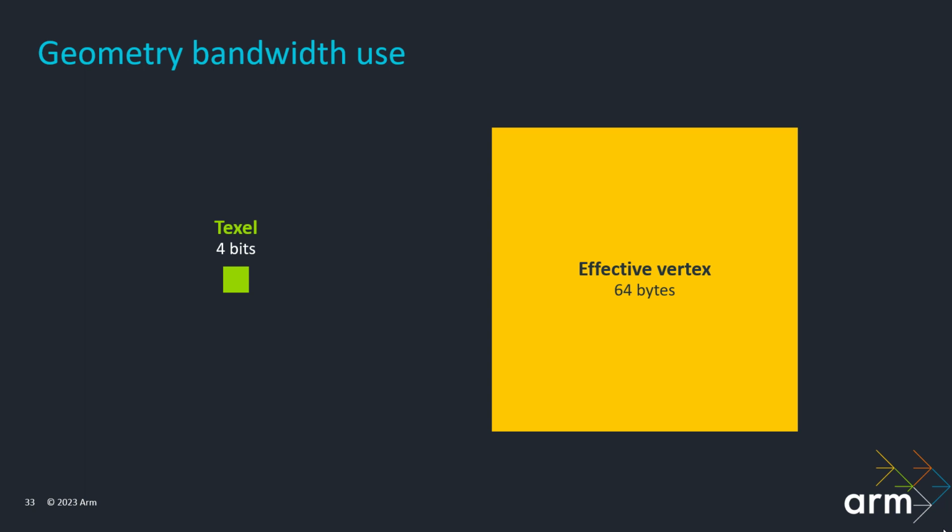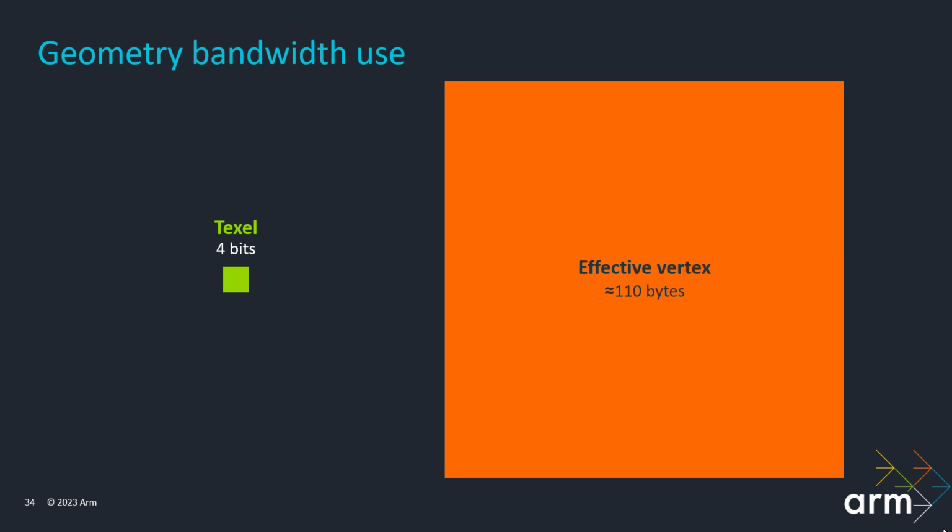So your effective vertex size is significantly larger, again, swings in favor of texels, and then on top of that you have some penalty from tile-based renderers storing some per vertex data somewhere as part of that handover between vertex and fragment shading. Exactly how much depends on the hardware generation and depends on how much data your vertex shader is writing, but it may almost double the bandwidth again.